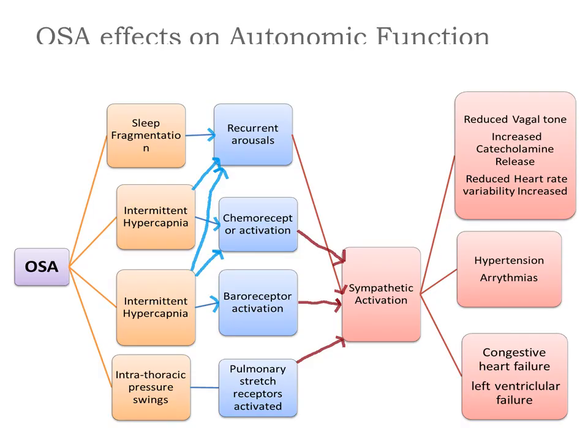Okay, so this diagram shows us how OSA is going to cause its cardiovascular effects. If you notice on the far left, it starts with OSA. OSA causes sleep fragmentation, intermittent hypercapnia, intermittent hypoxemia is what the other one should read, and intrathoracic pressure swings.